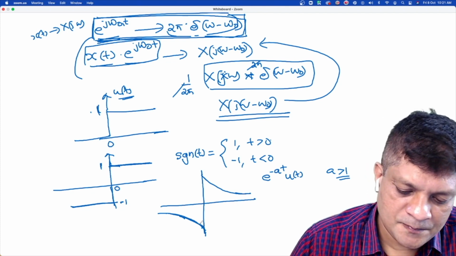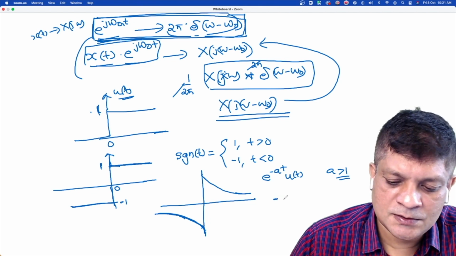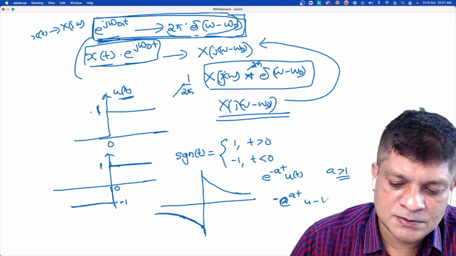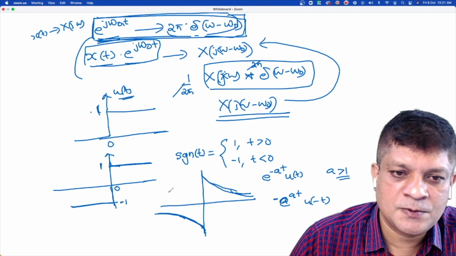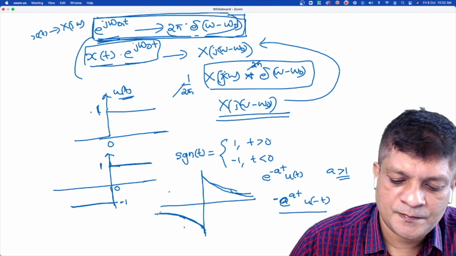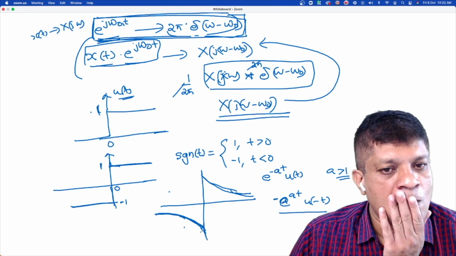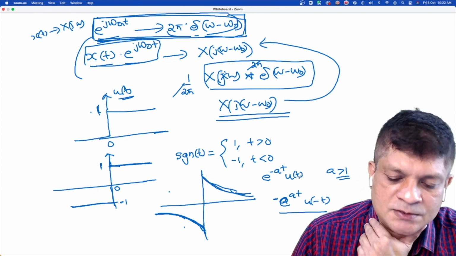This part, is it minus e to the power at u of minus t? Flip this part, multiply with minus 1. Will you get this? This is e to the power minus at ut.